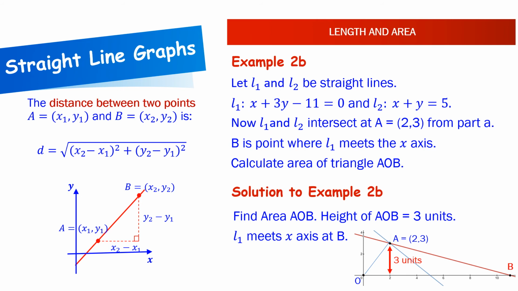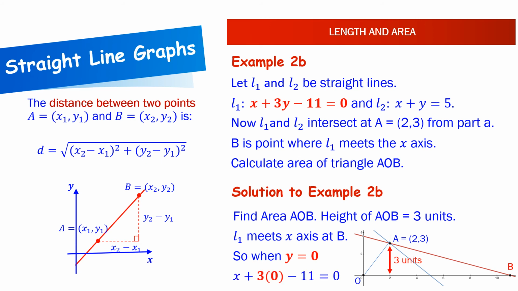Since L1 meets the x-axis at B, we can put y equals 0 in our equation to find the x-coordinate. And therefore substituting y equals 0 in this equation gives us x plus 3 times 0 minus 11 equals 0.